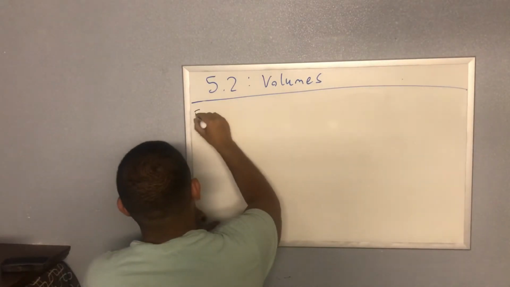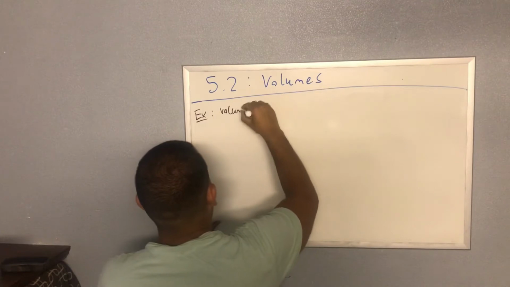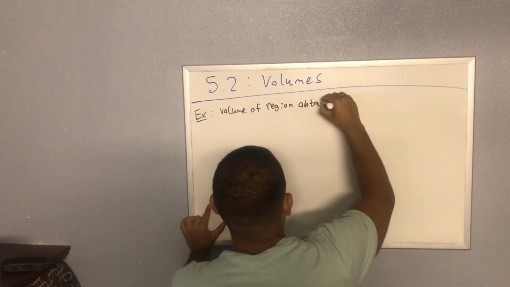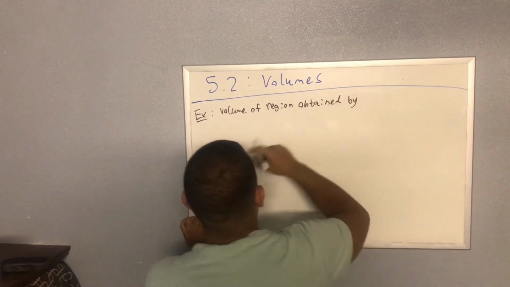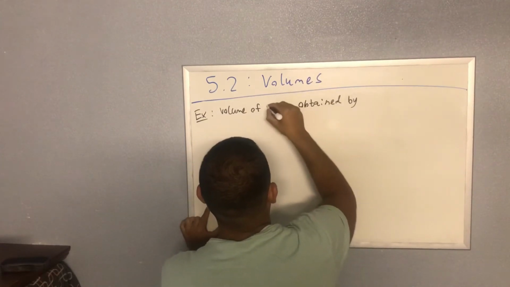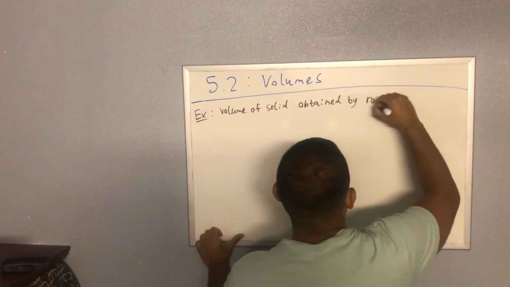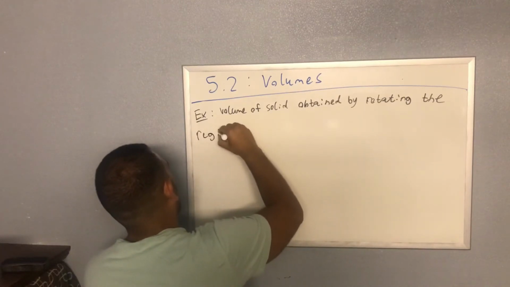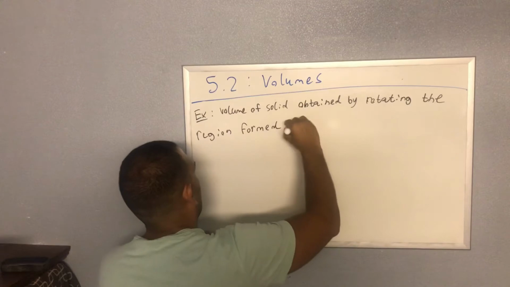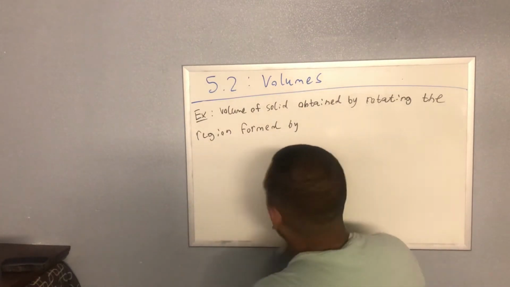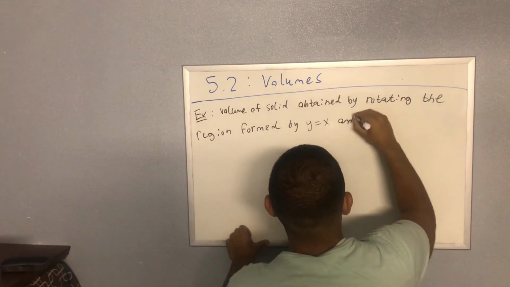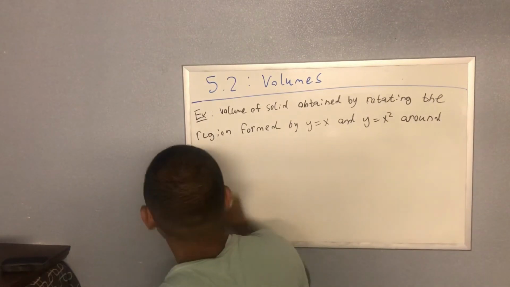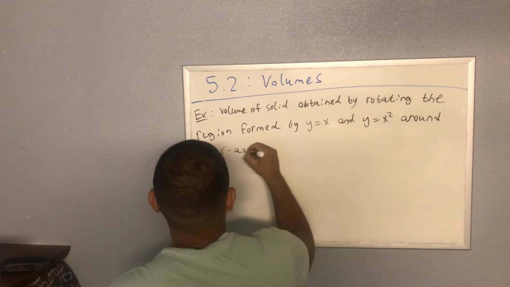Let's take the volume of the solid obtained by rotating the region formed by y equals x and y equals x squared around the x-axis. Okay.